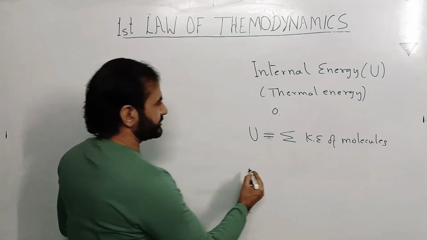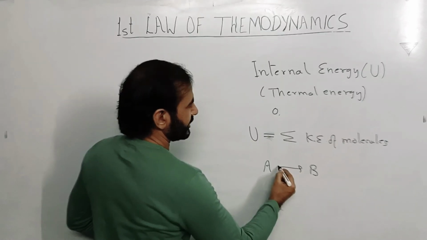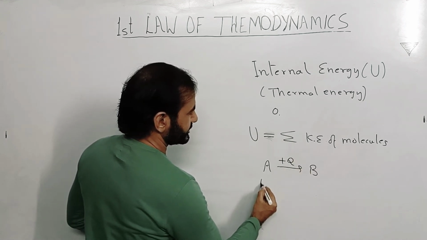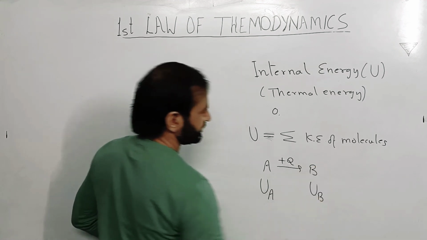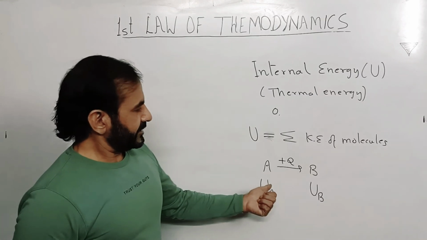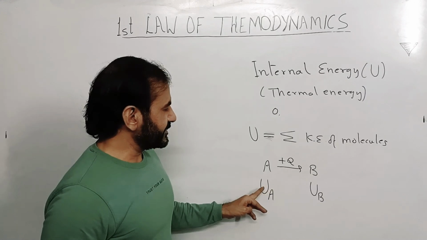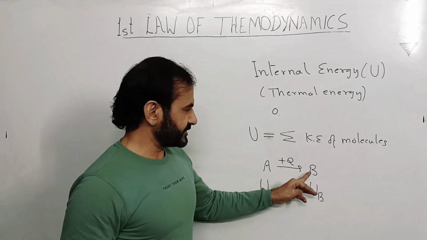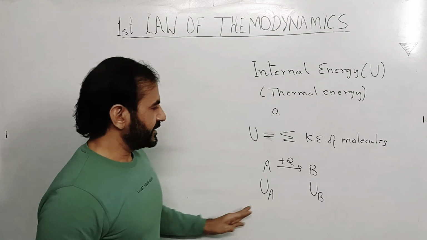Suppose a system is going from state A to B. After giving heat, in state A its internal energy is UA, and in state B its internal energy is UB. It's not necessary that all the given heat will be used in increasing internal energy, but if heat is given to the system, then its internal energy will increase.